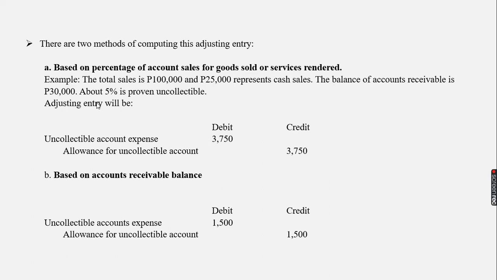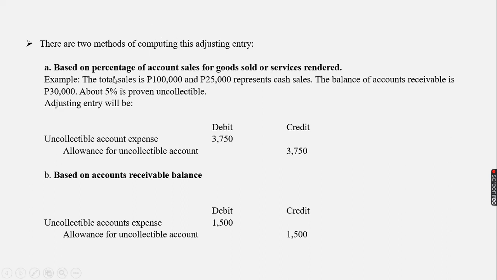And yung 25,000 doon is cash sales. So, natanggap mo yung 25,000 na cash. And then, 100 less 25 na cash sales mo. So, may pinautang ka na sales mo na 75,000. And yung balance ng accounts receivable mo is 30,000. And sabi dito, about 5% is proven uncollectible.